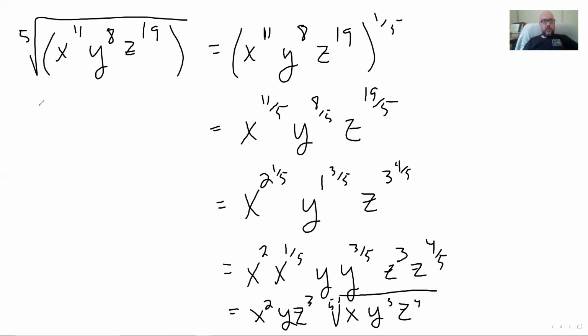So when I'm trying to simplify something like this, and this is a little bit misleading because this isn't exactly what I'm doing in my brain either, but it's equivalent.